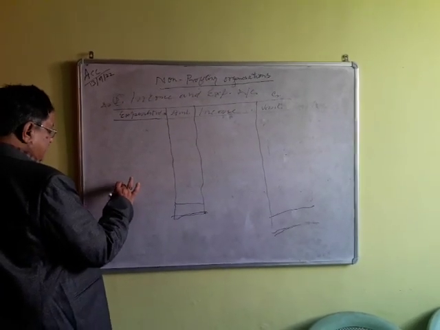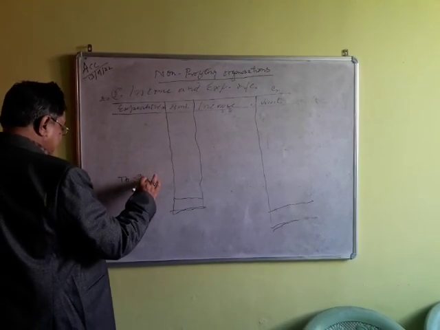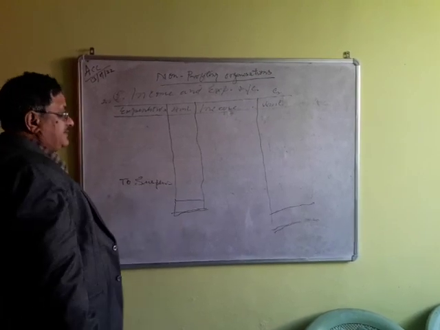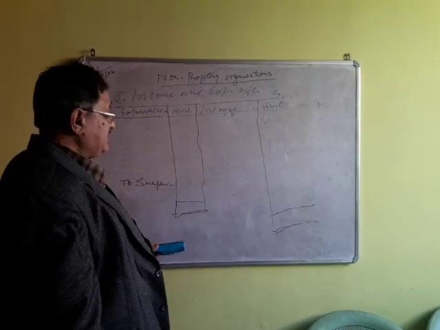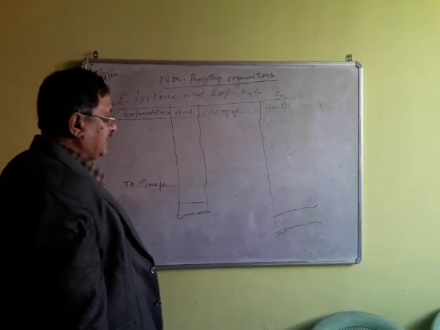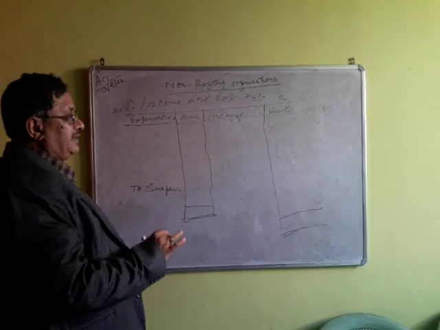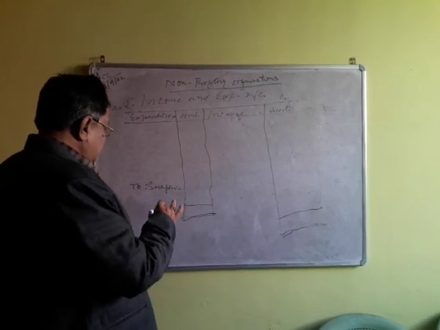So the balancing figure will be written as to surplus, means income is more and expenditure is less. Profit we cannot write here because it is a non-profit organization for which we are preparing the accounts.